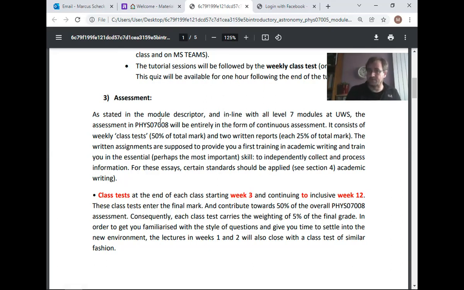The first one is this observatory, and the second essay, I think that should be around February 18th. So you have about a month to write an essay. Then I think it's March 18th. I deliberately took it weeks before the end of the module, because usually in other modules you get the coursework at the very end.